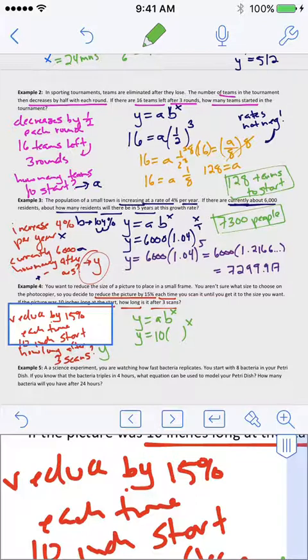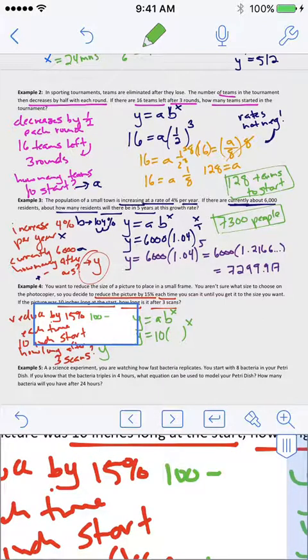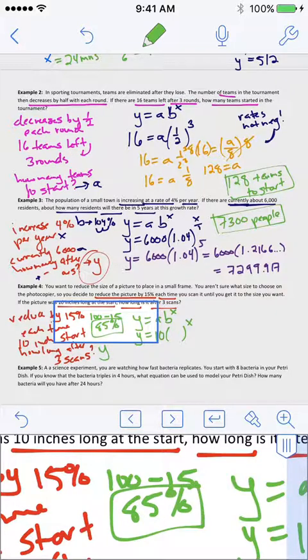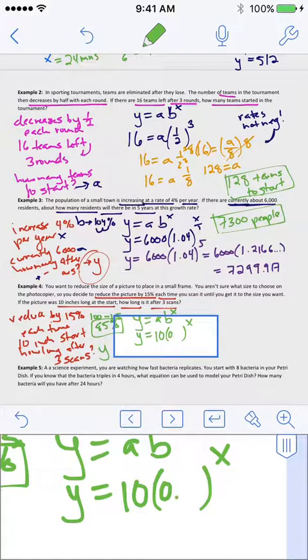So I'm going to take that 100% and subtract off 15%. So I'm going to be left with 85%. So my rate is actually 85%, or 0.85. 85% left, right? So b is continually something we always have to think logically about. What rate are you really talking about here?